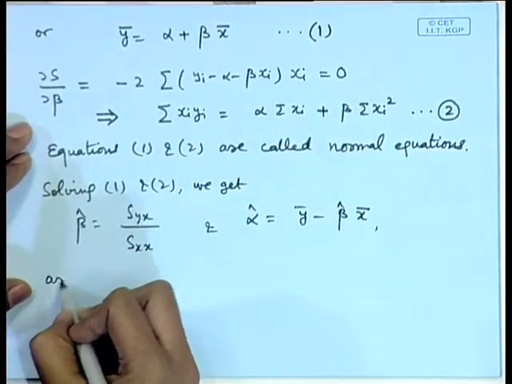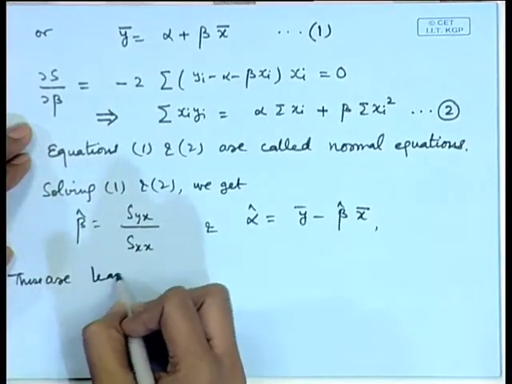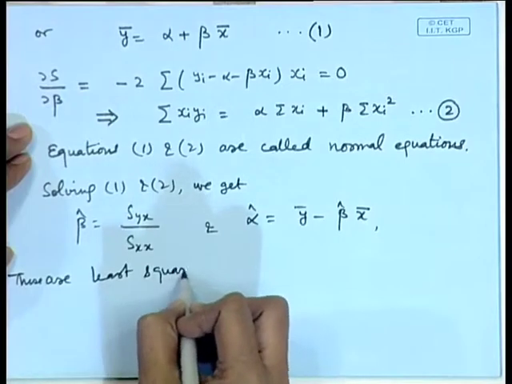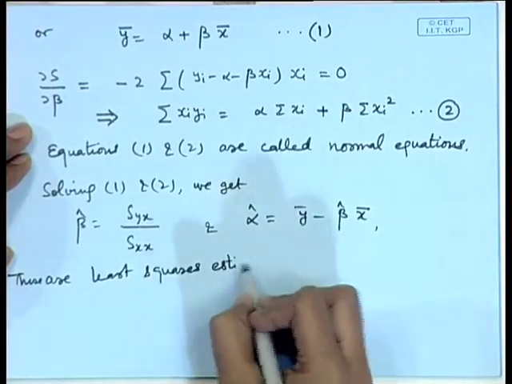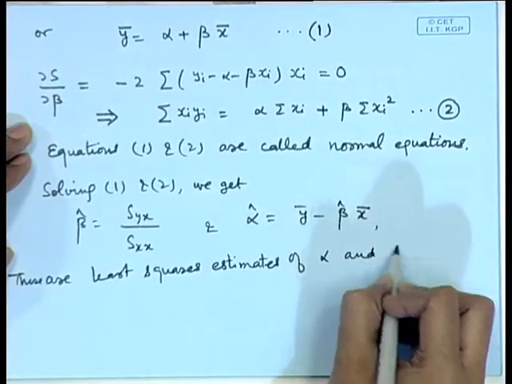So, these are least squares estimates of alpha and beta.